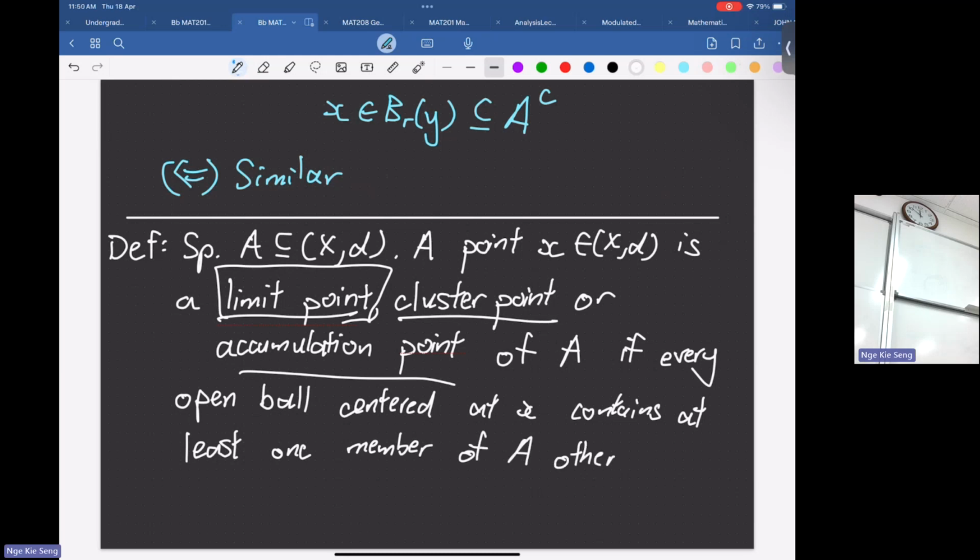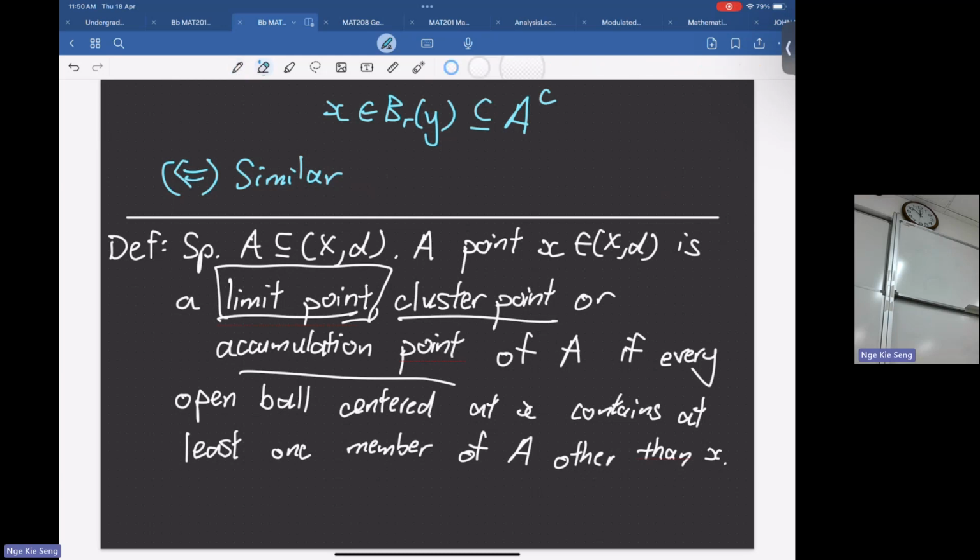Does this make sense or not? If you are a limit point, every open ball around you must contain at least a member of A which is not you. For example, you guys sit like this, you are not a limit point. You know why? Yes, correct.